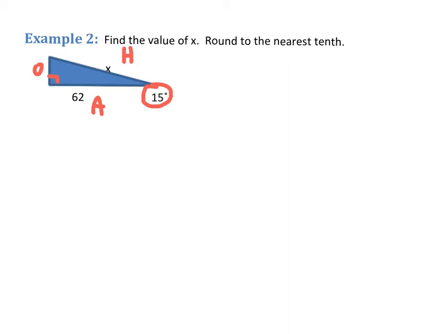We start next looking for the labeled sides of our triangle. So we have an x right here that we're trying to find, and we have a 62, which we know. So I'm working with then this adjacent leg, and I'm working with the hypotenuse. So we just got done looking at the 3 ratios, so think back which ratio uses the adjacent and the hypotenuse.